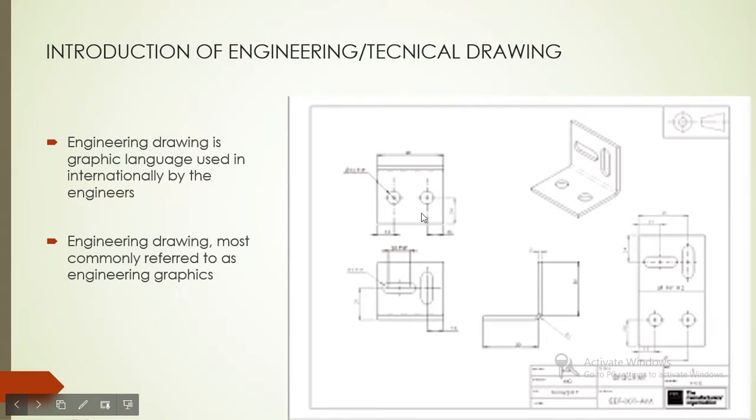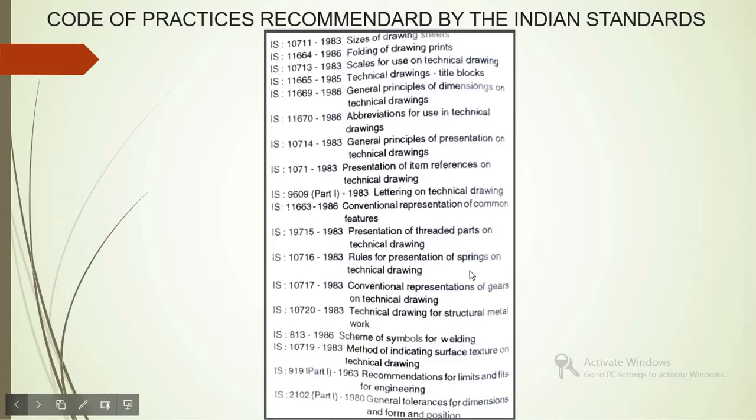The graphic language has its own rules and regulations, and it is controlled by certain code of practices in Indian standards. The code of practices is controlled by the Bureau of Indian Standards. Following are some of the important standards to be provided in the engineering drawing as per our Indian standards.